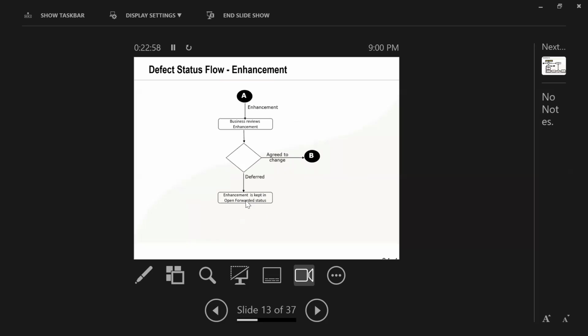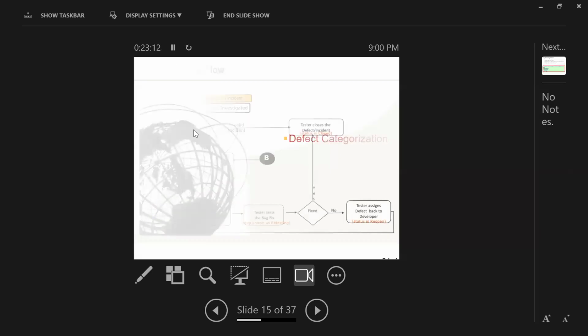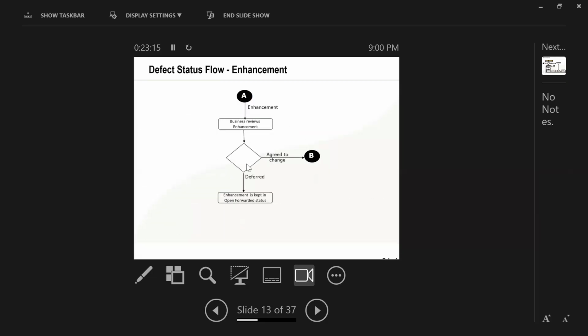This enhancement is kept in Open Forward status, as a backlog. Deferred means it's not urgent; they will look into it in future whenever they have bandwidth. If they agree to the change, they follow the process where the defect is assigned to the developer. If it is a priority, they will fix it. If not, they'll defer it.